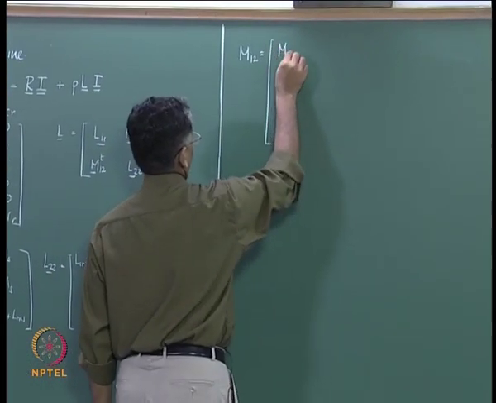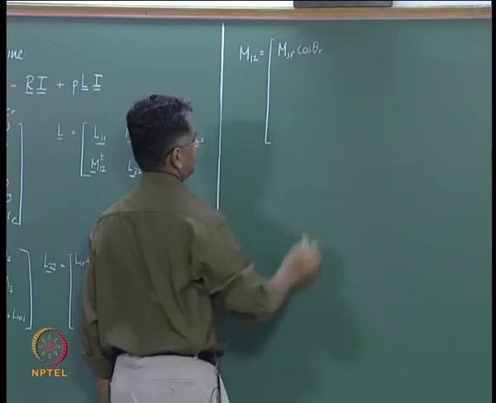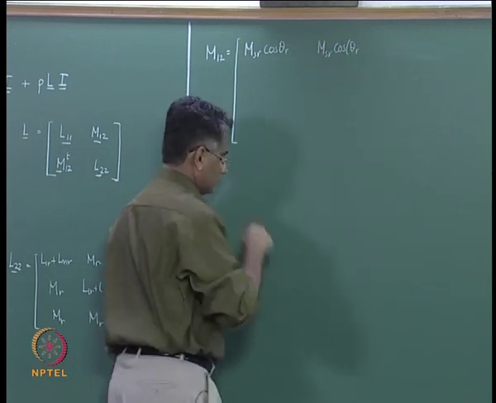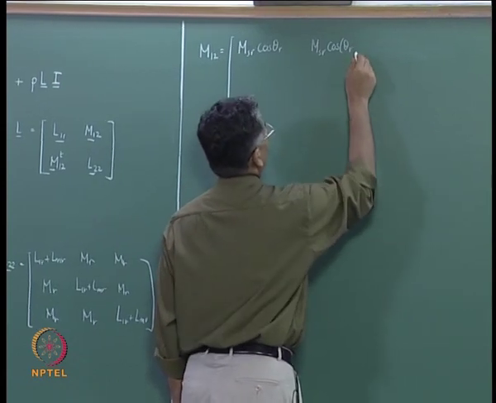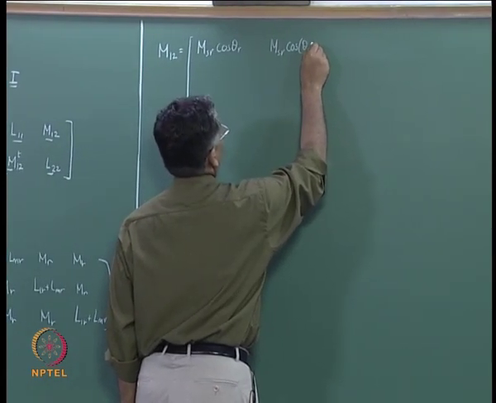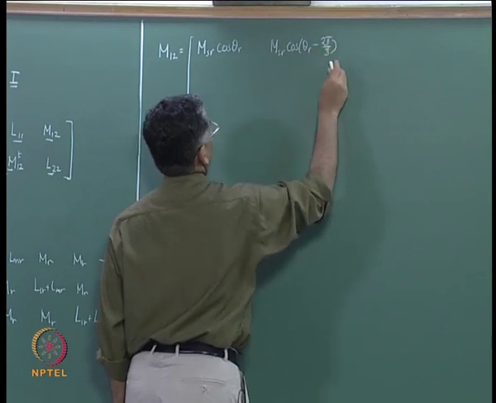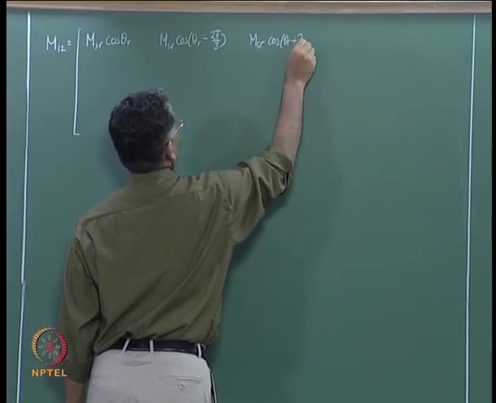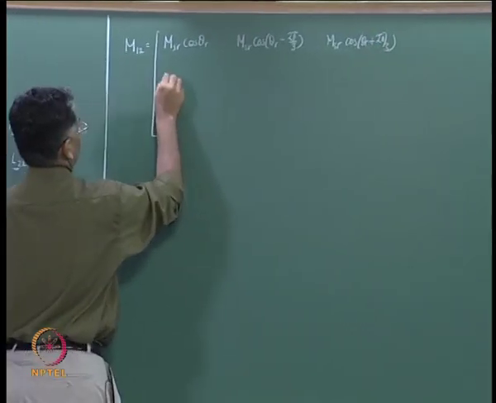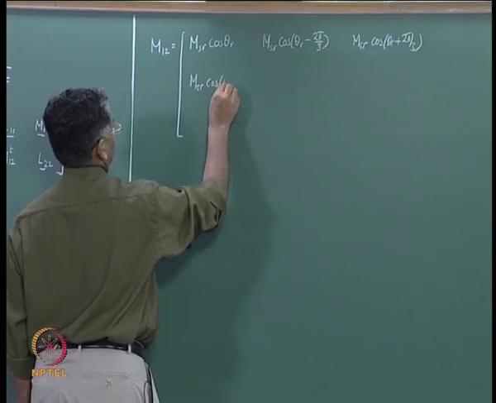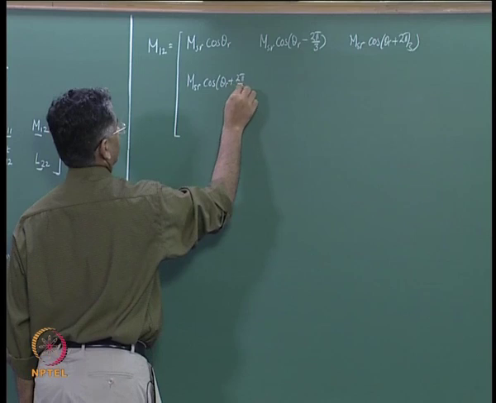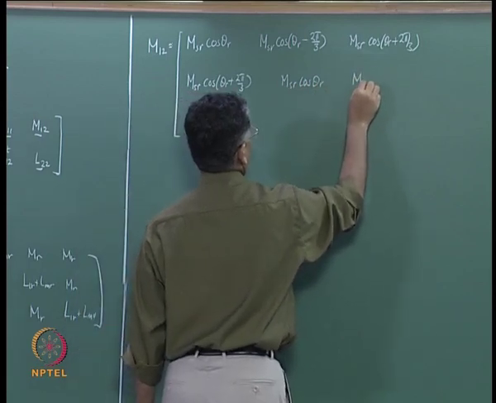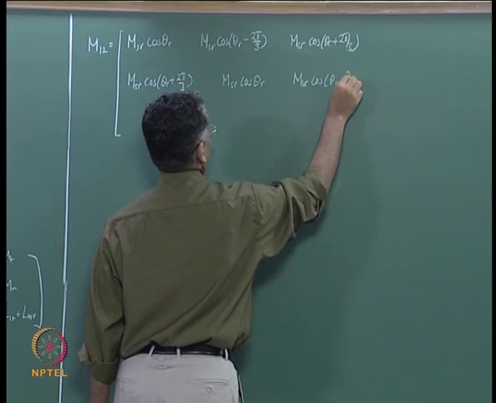So that is MSR into cos of theta r, and then you have MSR into cos of theta r minus 2 pi by 3, MSR cos of theta r plus 2 pi by 3, and then you have MSR cos of theta r plus 2 pi by 3, MSR cos of theta r, that is MSR cos of theta r minus 2 pi by 3.